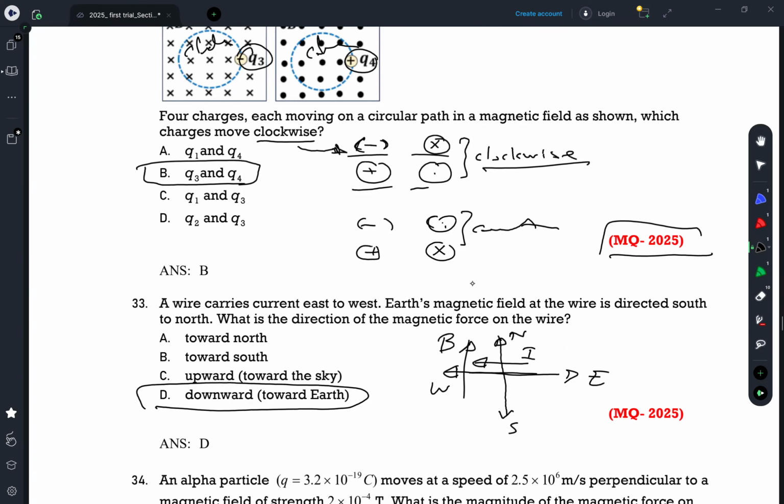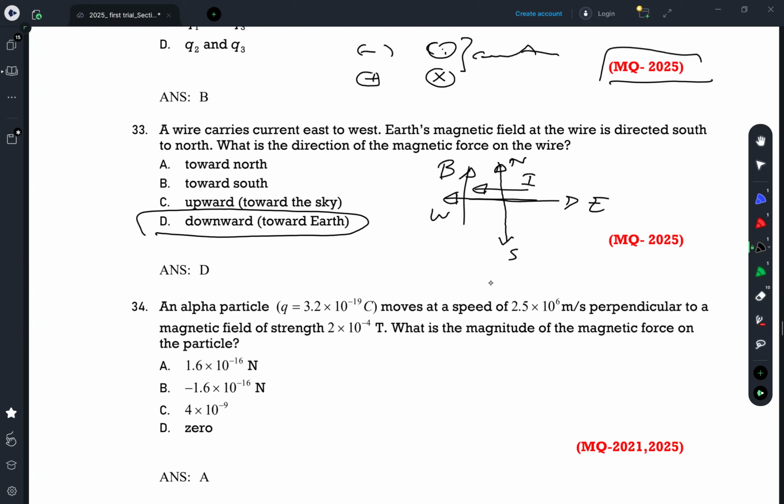Next question. An alpha particle moves at a speed of 2.5 times 10 to the power 6 meters per second, perpendicular to a magnetic field of given strength. What is the force? It's a repeated question. F is equal to QvB sine theta. Q is 3.2 times 10 to the power negative 19, B is 2 times 10 to the power of negative 4, and v is 2.5 times 10 to the power of 6, perpendicular so sine 90 is 1.